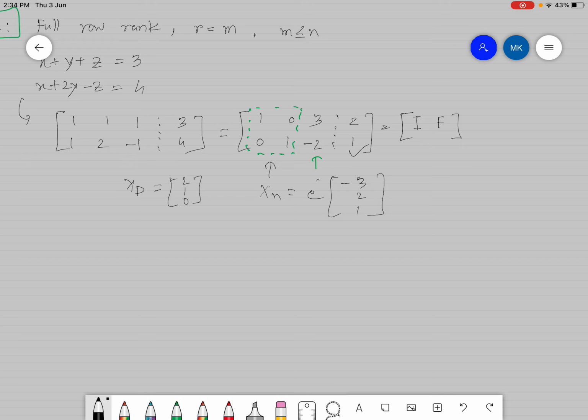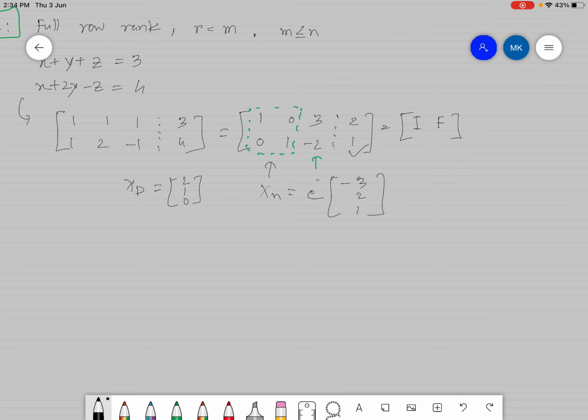I've solved this. Okay, so in this case, all the rows have one pivot, and the null space is not empty, so there would be one solution for every b.